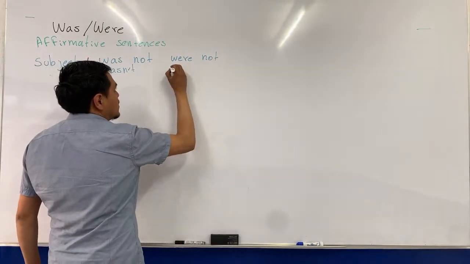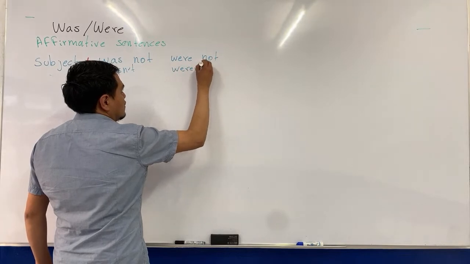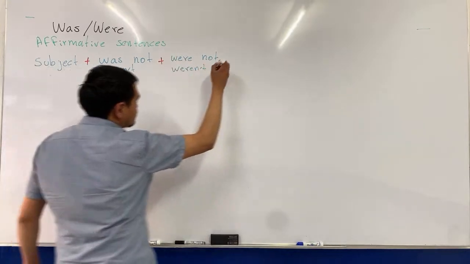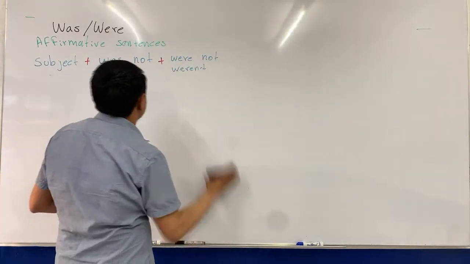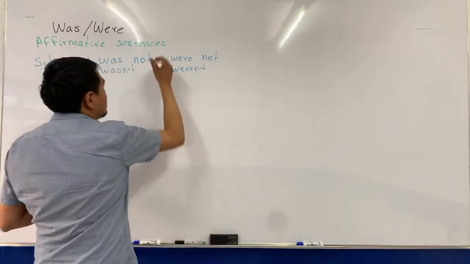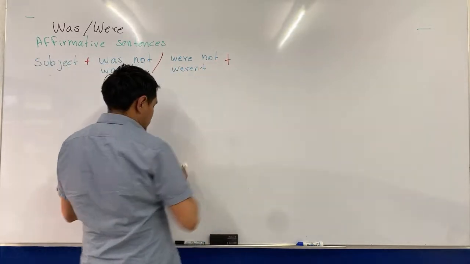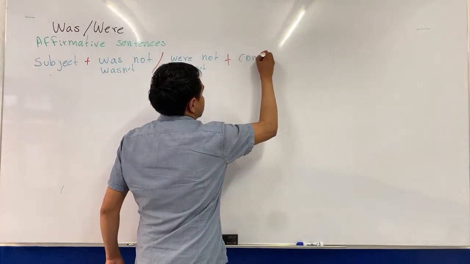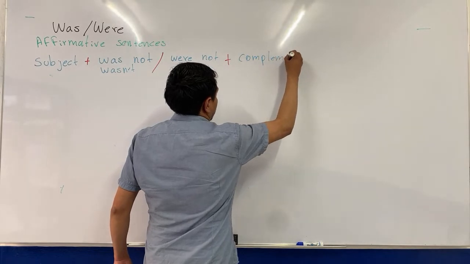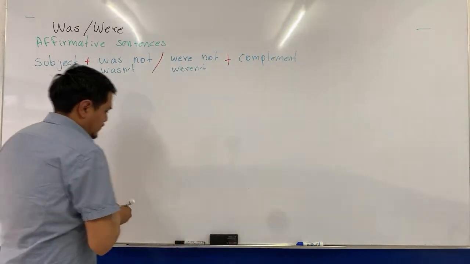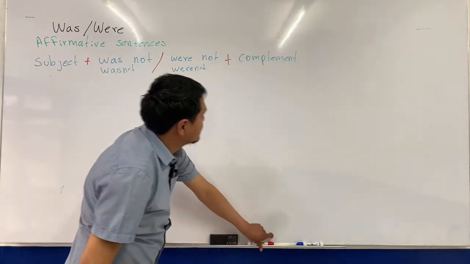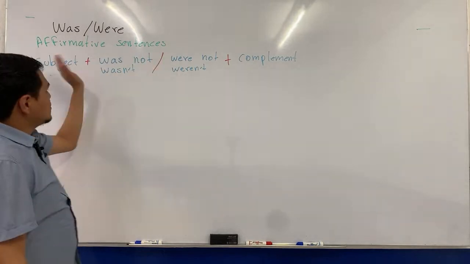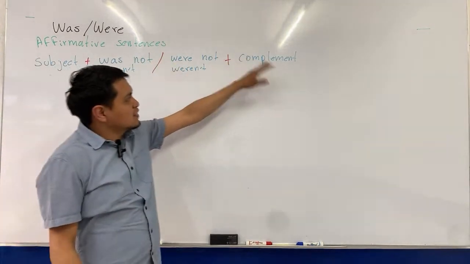In this case, weren't. Check this. In this case, subject was not or wasn't. Subject were not, weren't, plus complement.